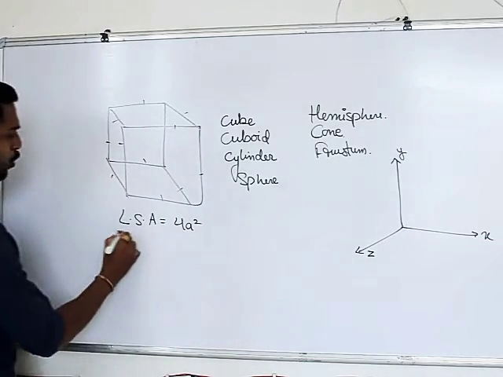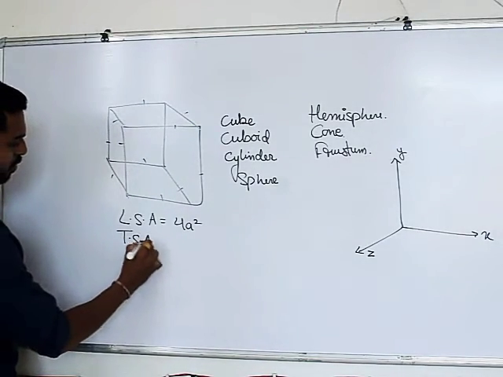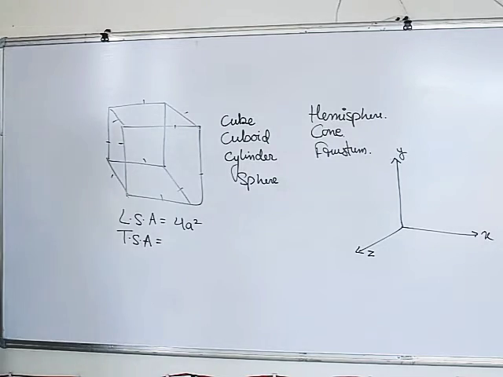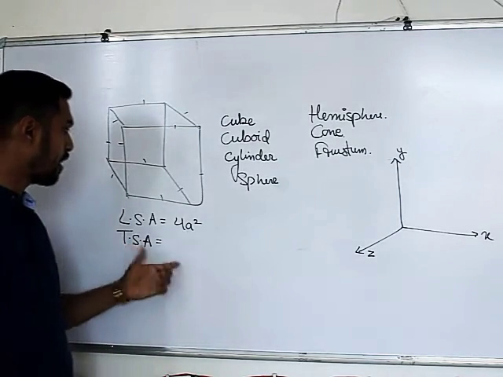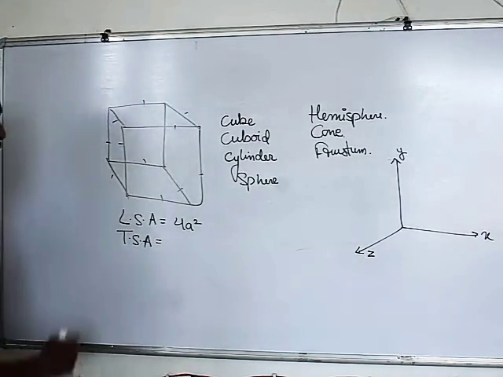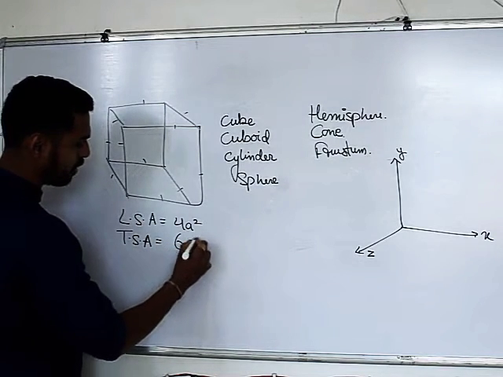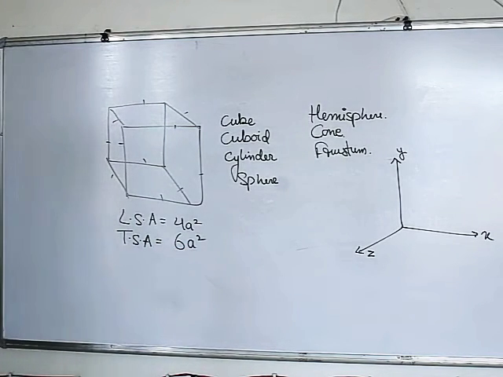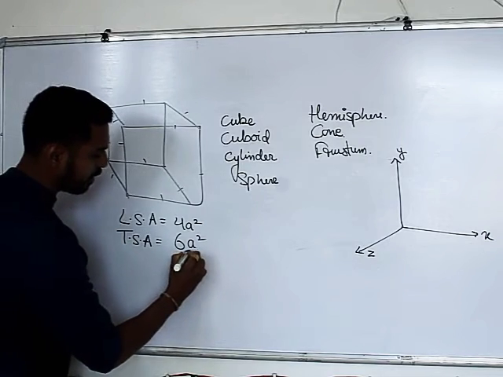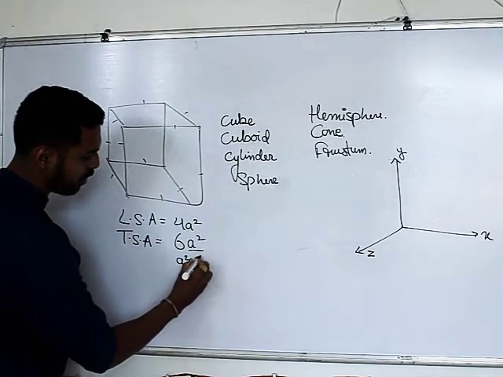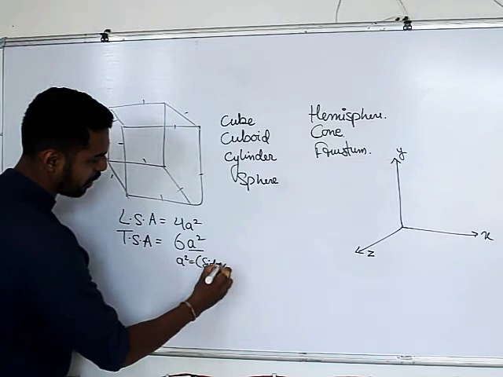Then total surface area. In total surface area, all the sides will be calculated. So we will write 6a square. Okay. Here a square is equal to side multiply side.